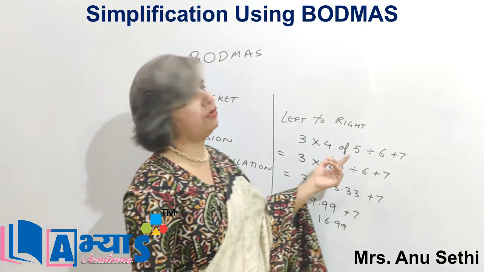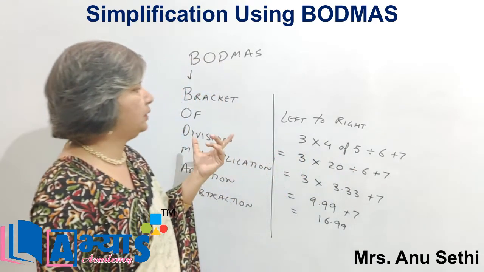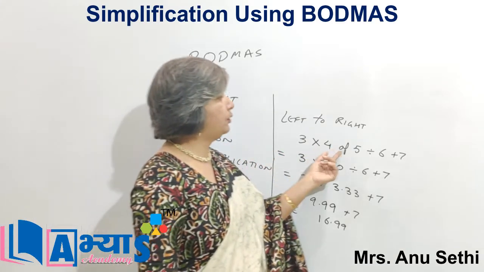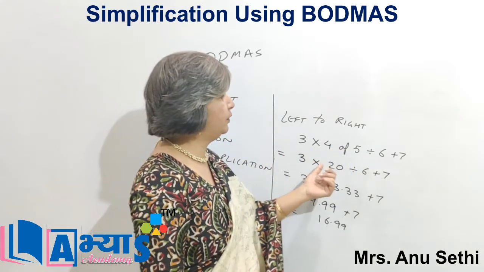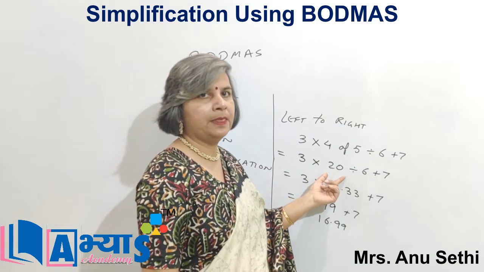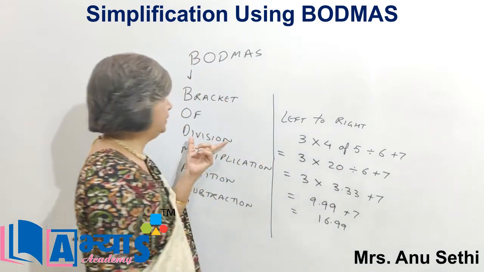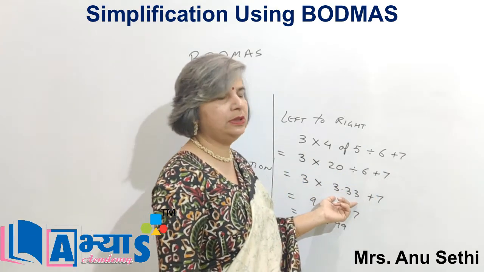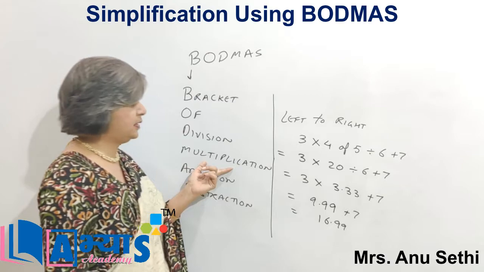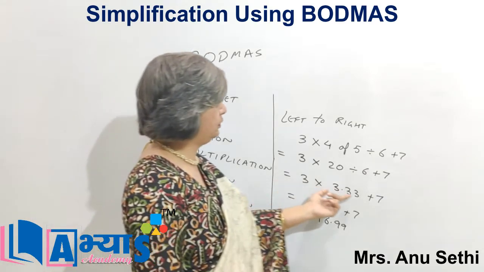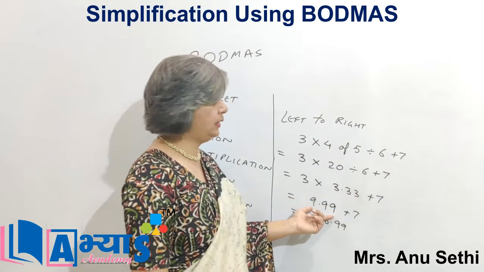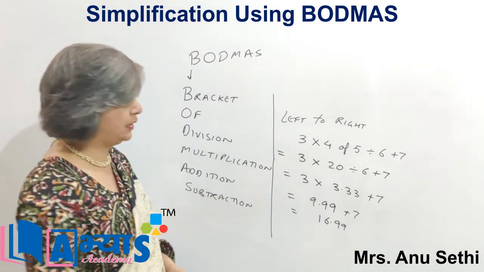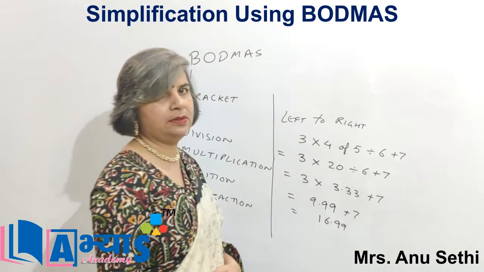First we use the of operator because we don't have brackets. 4 of 5 means multiplying 4 with 5 and I get 20. In the next step we solve division: 20 divided by 6 gives 3.33. Now the next step is multiplication: 3 into 3.33 is 9.99, and then addition, plus 7, and the answer will be 16.99.